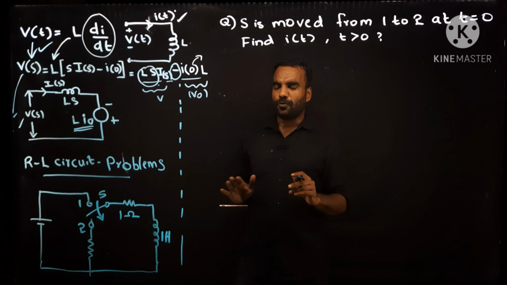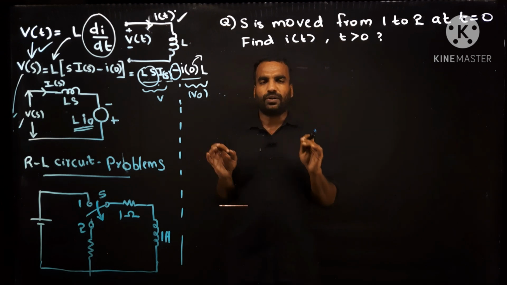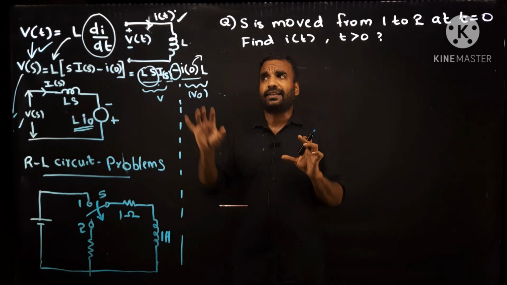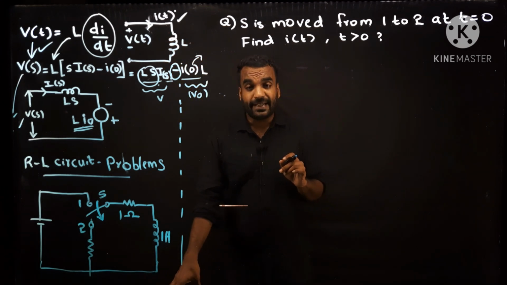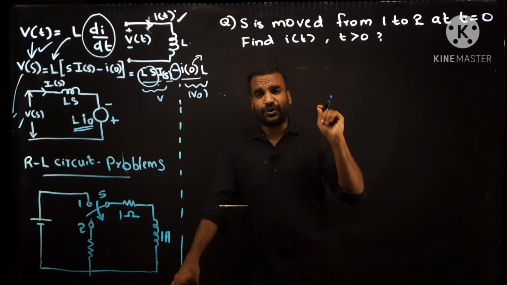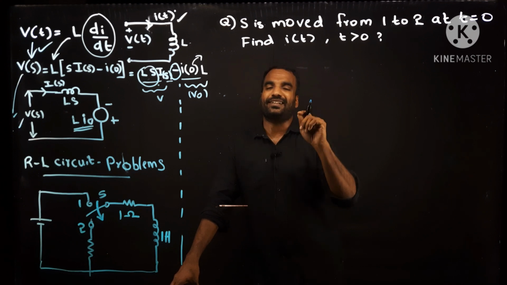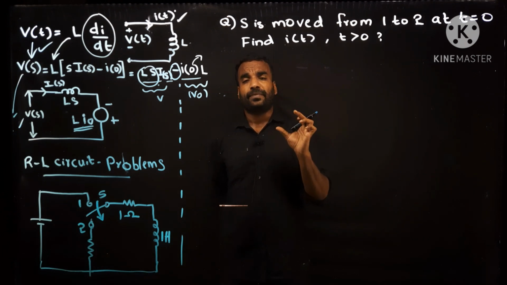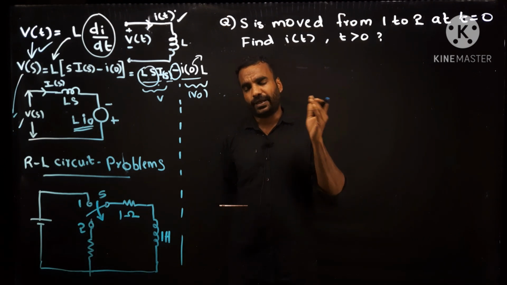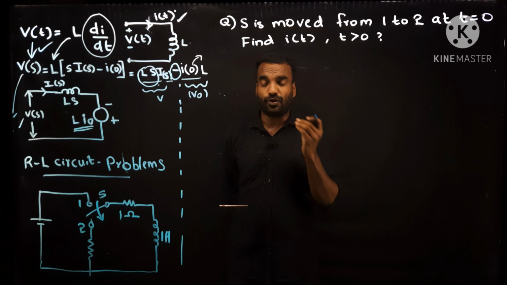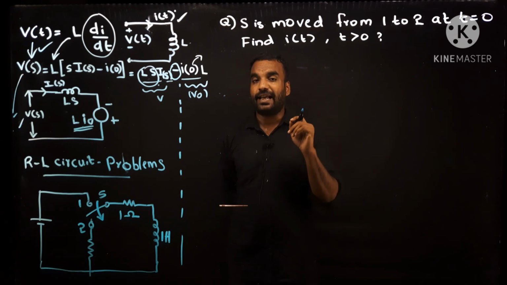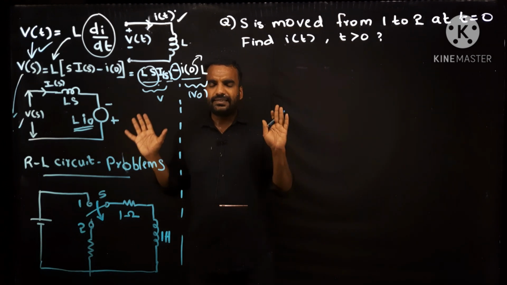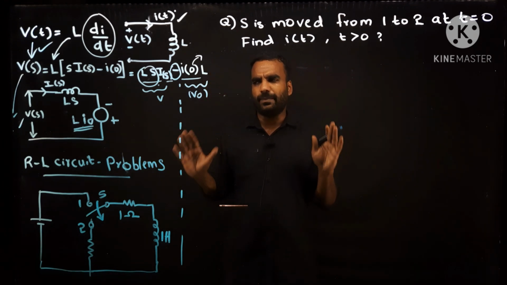This is the thing you want to note very clearly in your mind: wherever you see an inductor in a time domain circuit, in its corresponding frequency domain circuit you have to connect L into s, because the impedance of an inductor in frequency domain is represented as L into s. This is the basic thing you have to keep in mind.